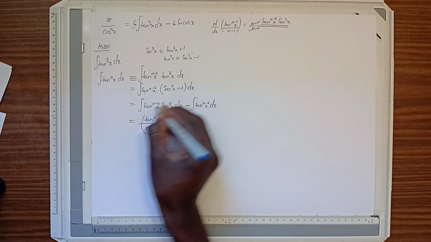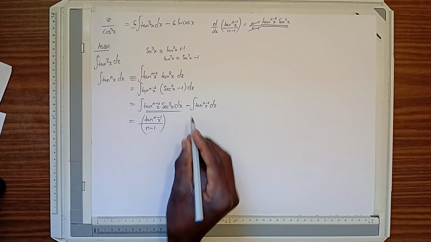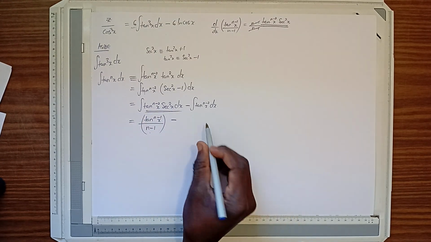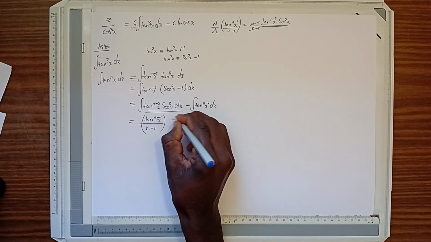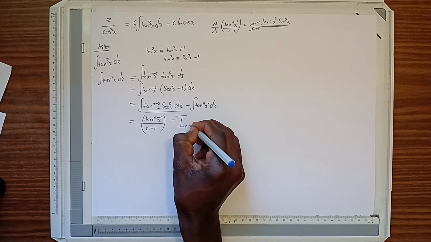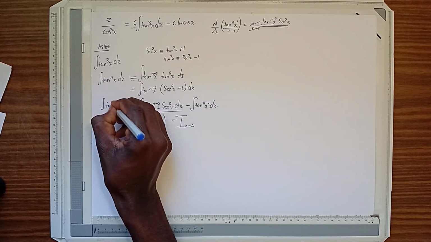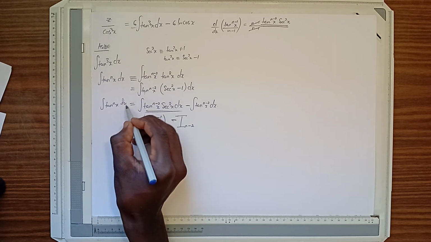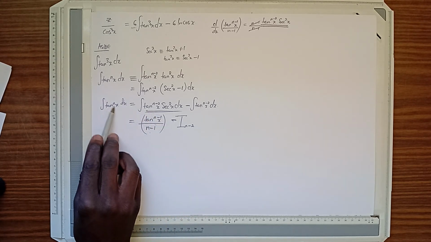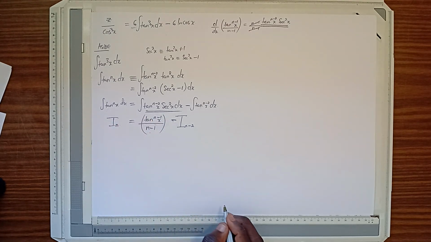So this one is the same as this one, so the integral of this one is this one. Then we say negative. This one in the reduction formula, we denote it by I n minus 2. Then we introduce the integral of tan to the n of x, and the integral of tan to the power n of x dx is denoted by I n.